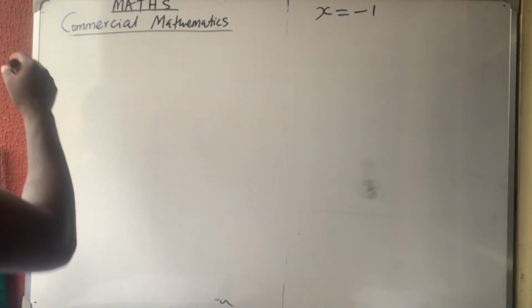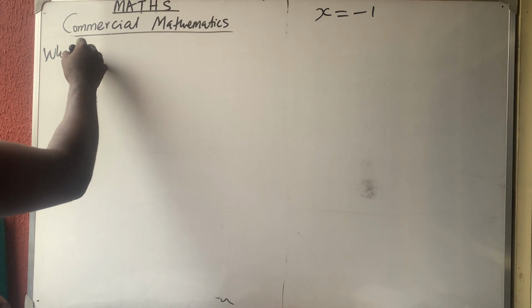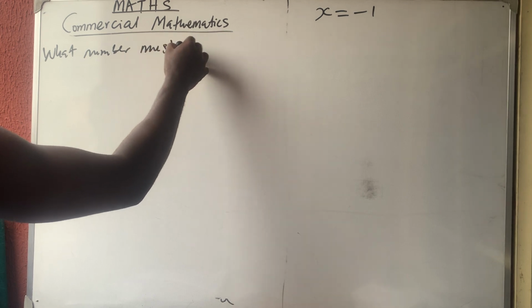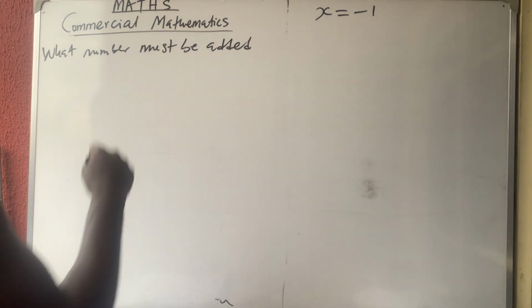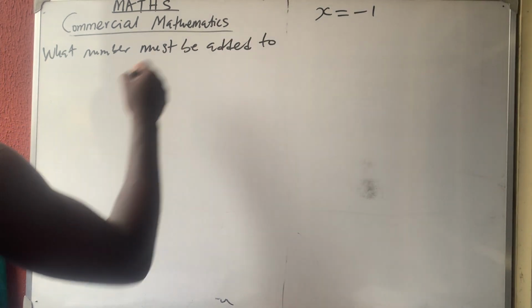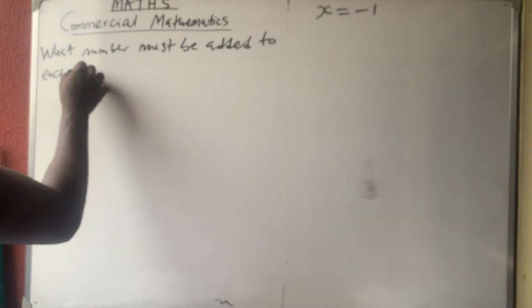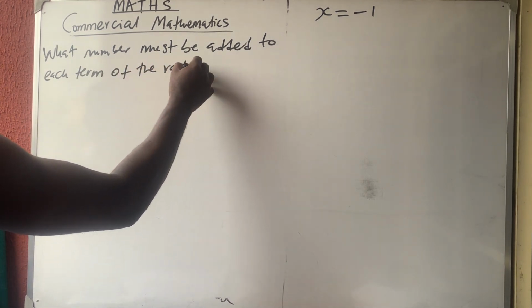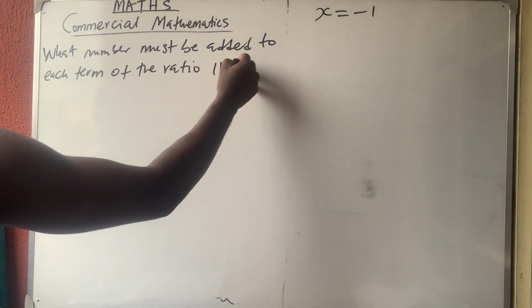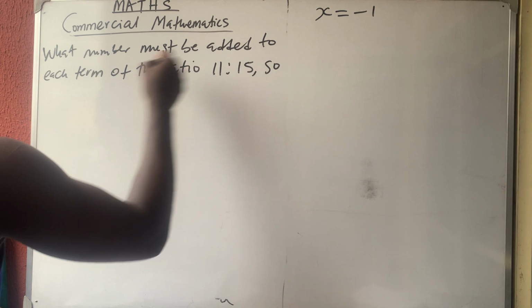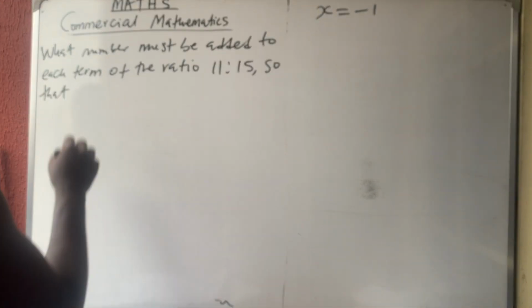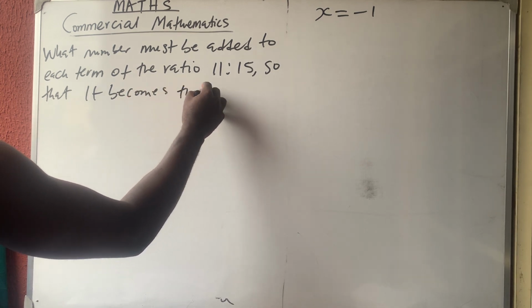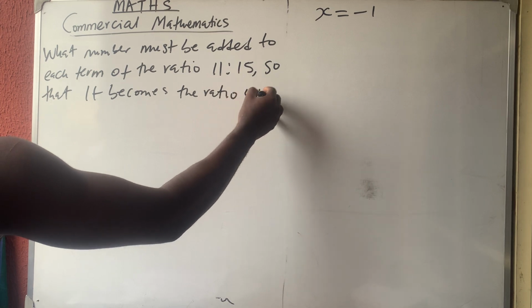So the next one said, what number must be added to each term of the ratio 11 is to 15, so that it becomes the ratio 4 is to 8.